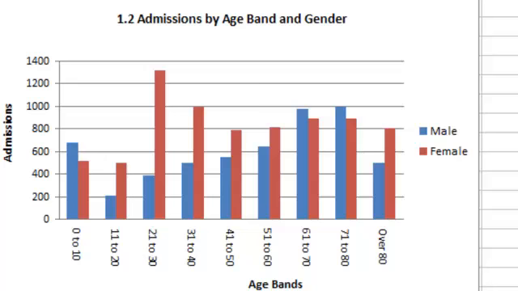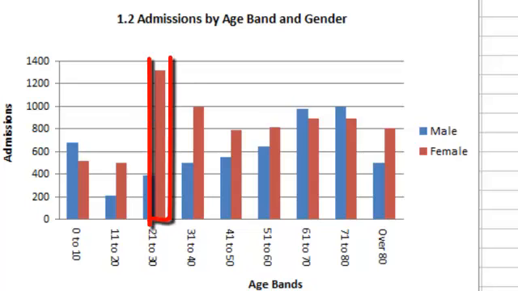Our initial analysis from bar chart 1.1 that the highest admissions are against the 61 to 70 and 71 to 80 age bands is still true, but it can be seen from bar chart 1.2 that the highest variable is the female gender between age band 21 to 30.